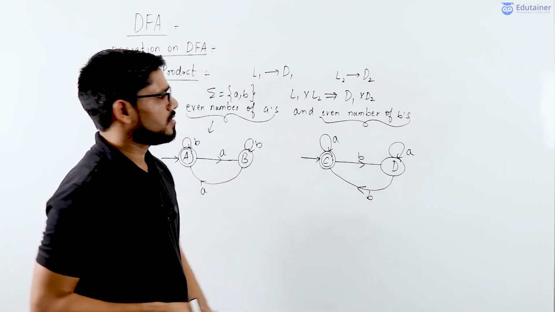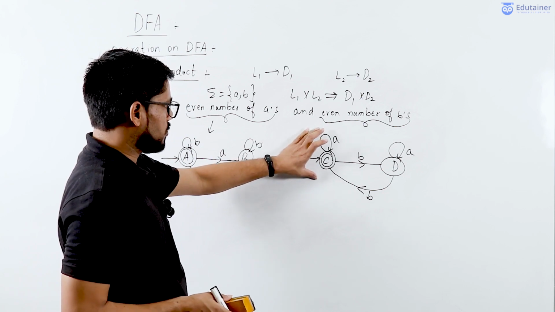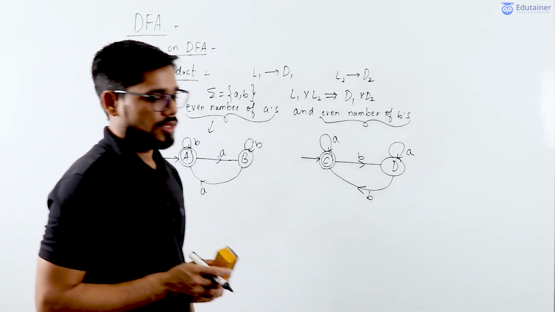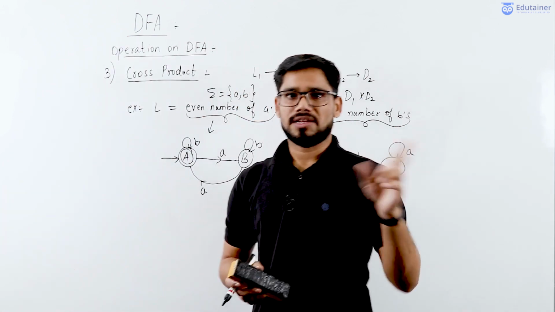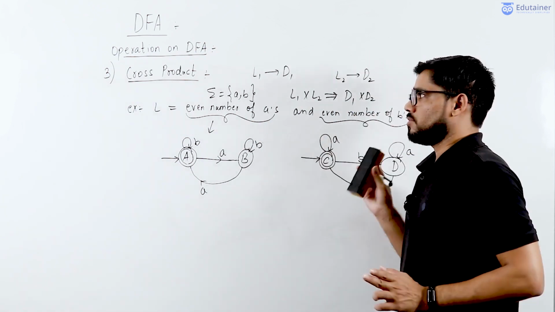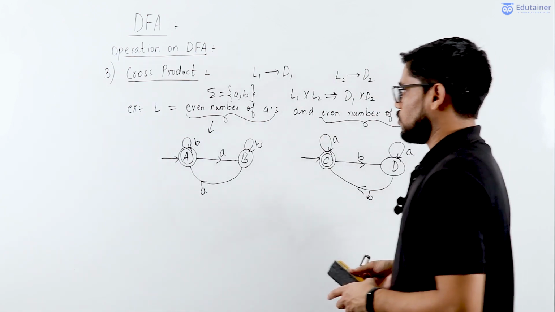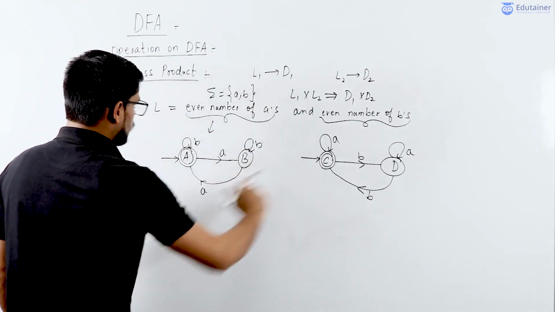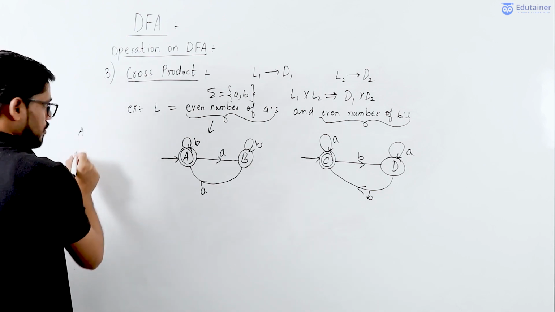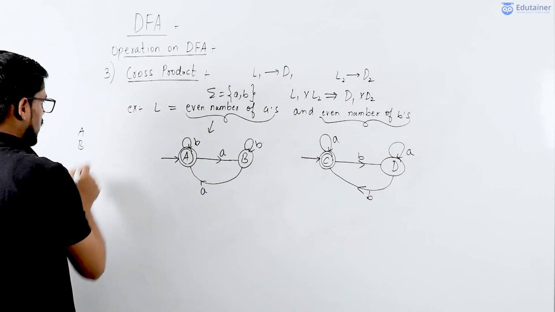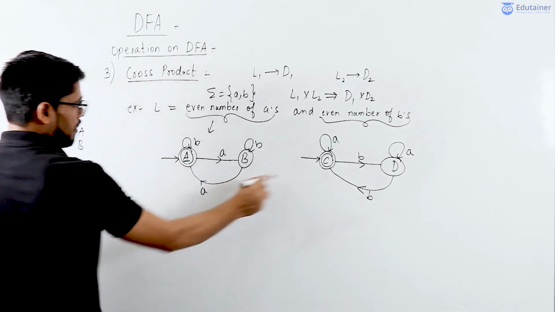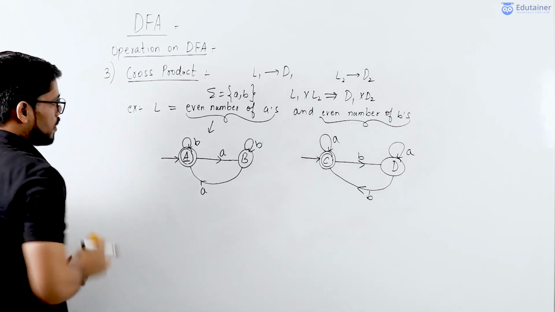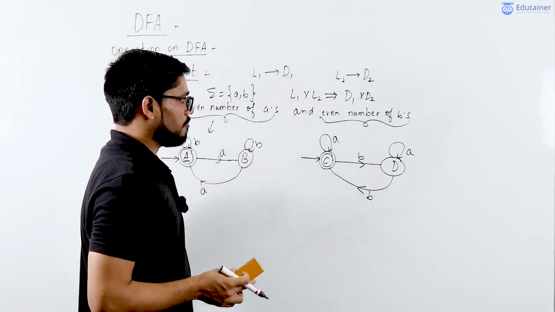You might think that I can join this transition diagram from here or from here, but that is not true. It is true in the union and concatenation operations, but it is not true in the cross product operation. In the cross product operation, you can easily visualize these transition diagrams and make a final transition diagram of the language. So here capital A and here capital C. There are a total of 4 states possible in the final transition diagram.